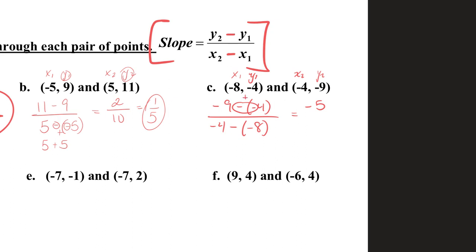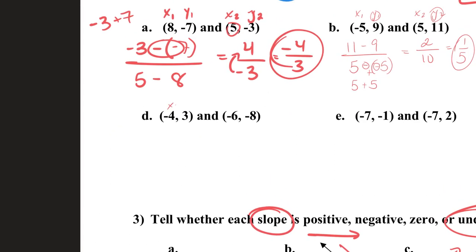So -9 plus 4. Same deal here, plus. So -4 plus 8, that's going to be 4. And there's our slope. That can't be simplified.